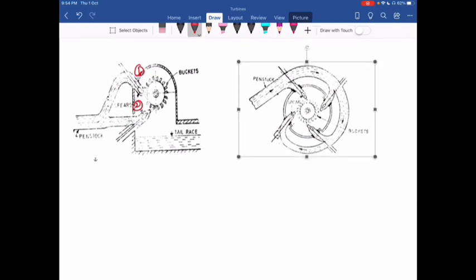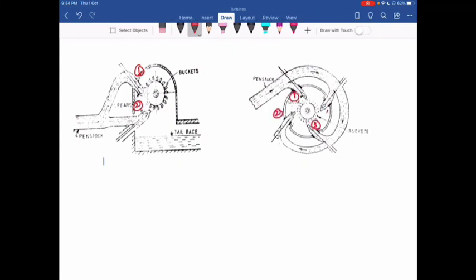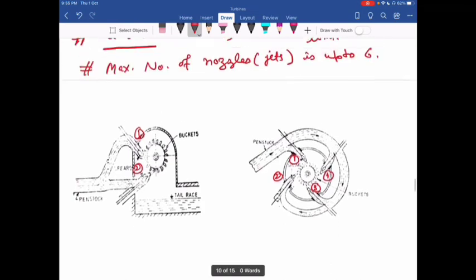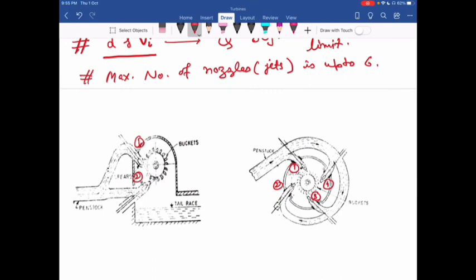In this diagram, you can see I have four nozzles: one, two, three, and four. Like this, the maximum number of nozzles that I have in the Pelton turbine is up to 6. If I try to increase this number beyond 6, then this whole system becomes complicated.